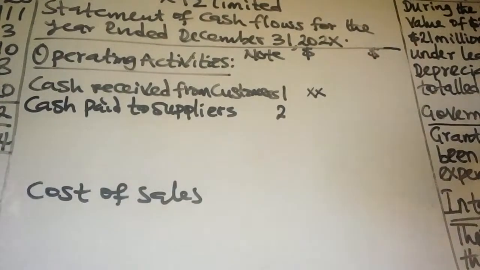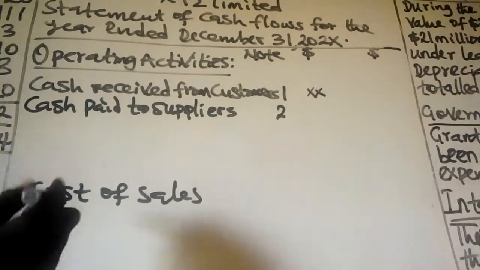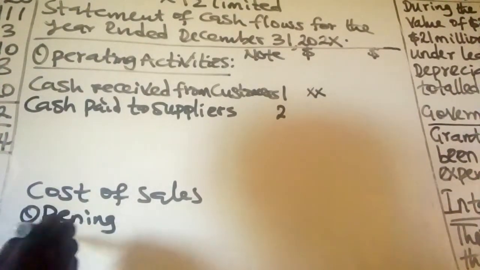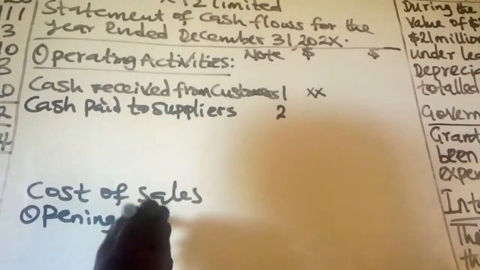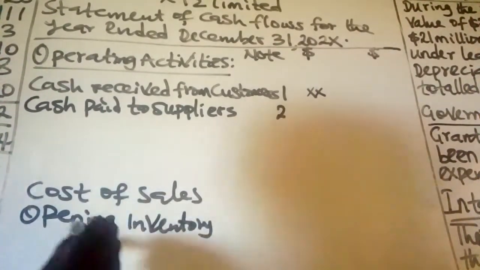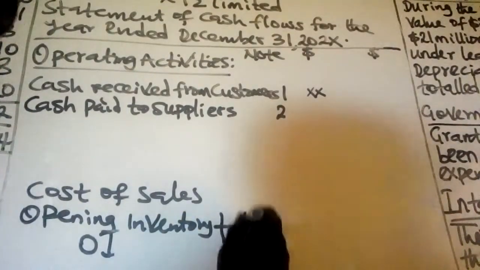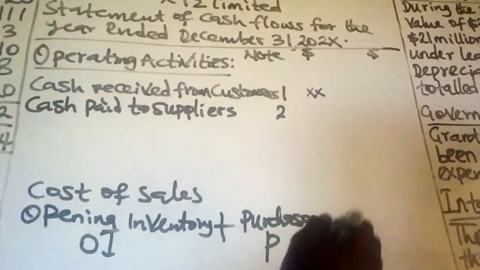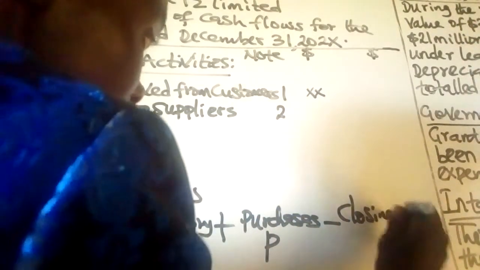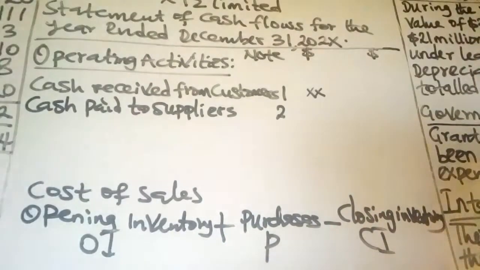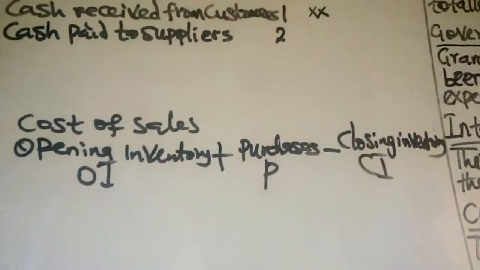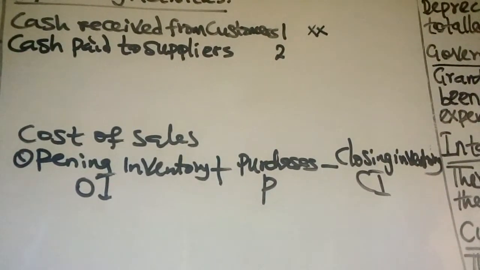Remember, your cost of sales is opening inventory plus purchases minus closing inventory. Opening inventory plus purchases minus closing inventory gives us cost of sales.